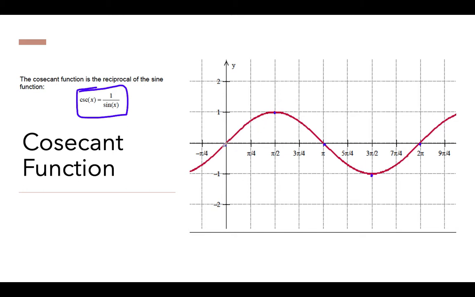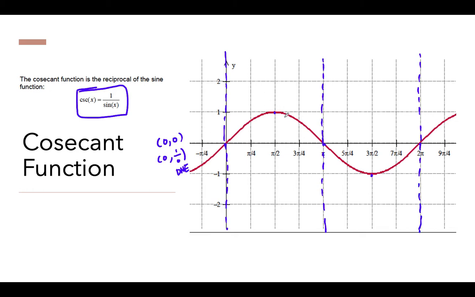At (0, 0), if I take the reciprocal of my y value, it's going to be 1 over 0, which is undefined. It does not exist. Therefore, all the x-intercepts are going to be represented as asymptotes. So there is an asymptote at 0, another asymptote at pi, and another asymptote at 2 pi.